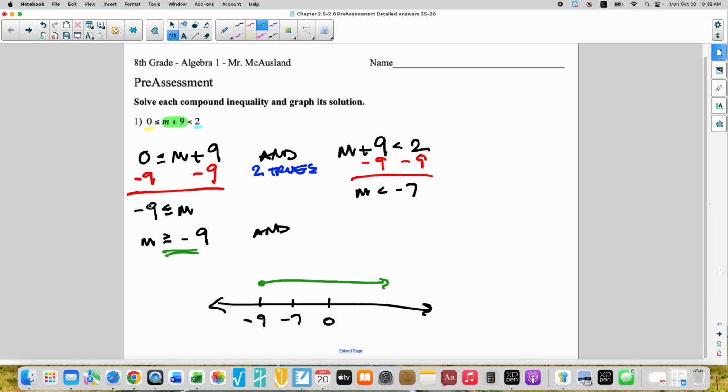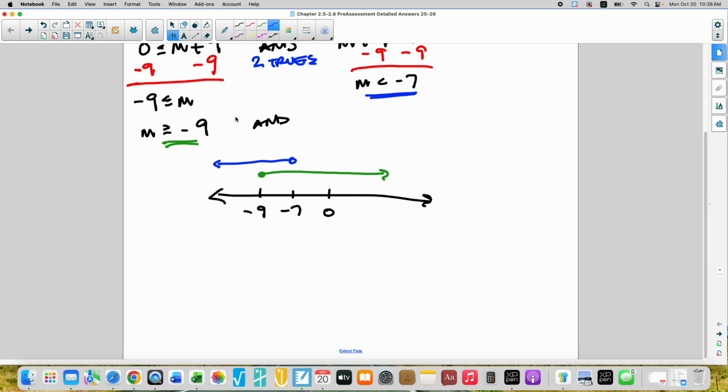So the solutions to this part of the compound inequality look like this. We'll do this in blue. This is an open circle, and it's going to the left because it's less than. So when we want an and statement, where are they both true? Where on this graph are both of those situations true?